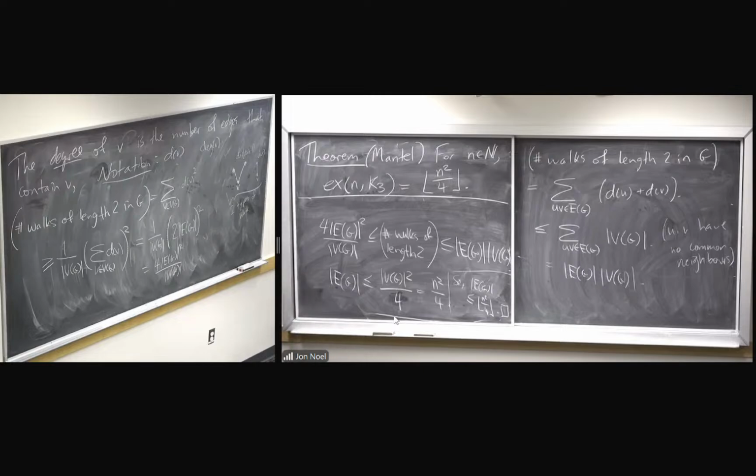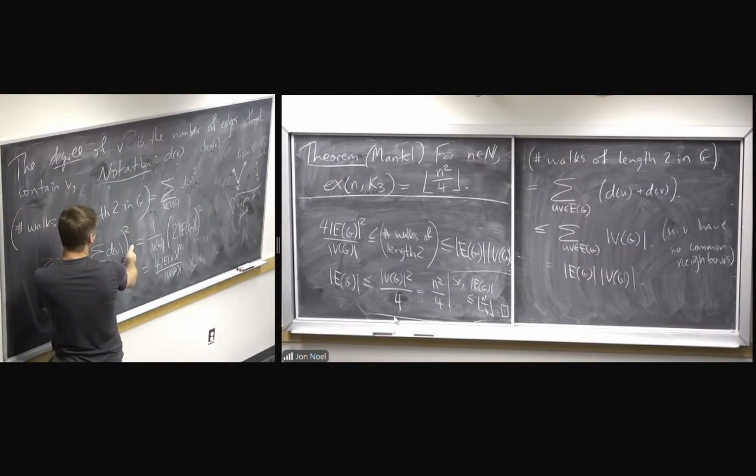You're also going to see sums of squares show up a lot of times. And I guess this is an important thing to remember: this inequality. You have a sum of squares. It's at least 1 over the number of terms in the sum times the actual sum of the terms, all squared, right?